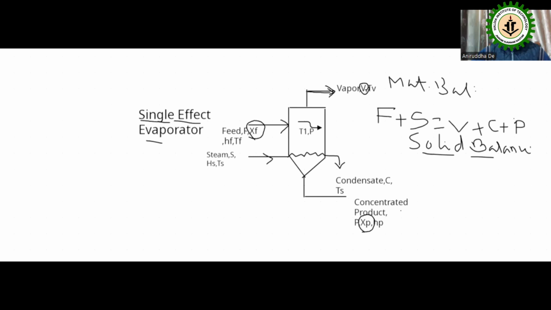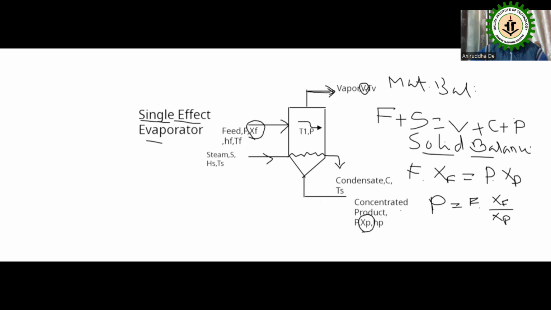Because vapor, steam and condensate do not contain any solid material, for the solid balance we can write F into XF is equal to P into XP, or the concentrated product P is equal to F into XF by XP. Okay.